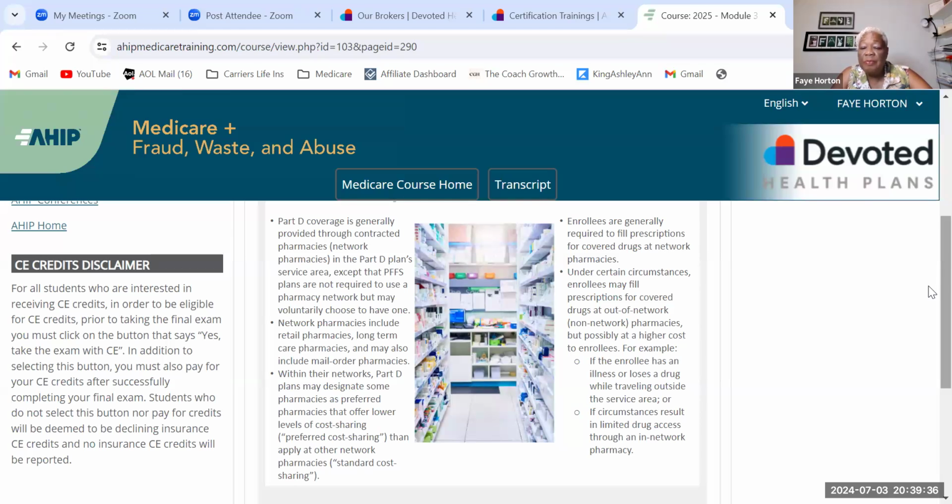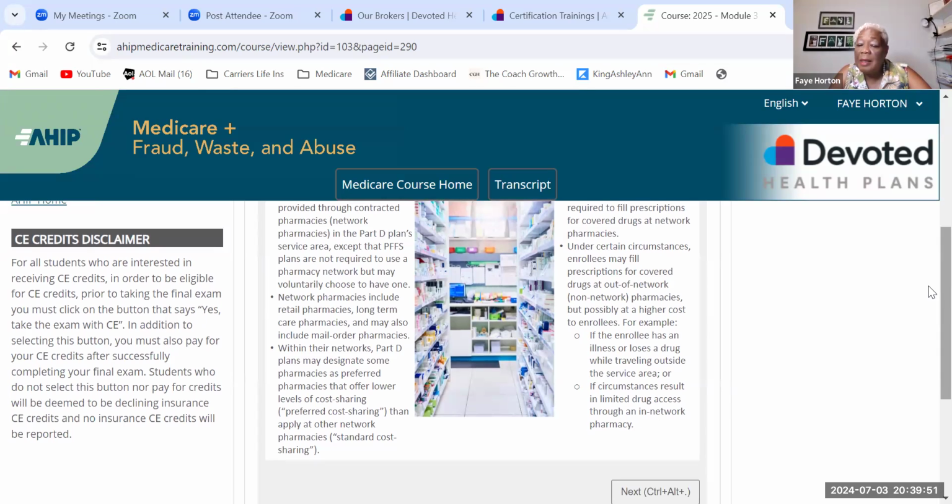For example, if the enrollee has an illness or loses a drug while traveling outside of the service area, or if the circumstances result in limited drug access through an in-network pharmacy. So those are two examples of when prescriptions might be filled at a non-network or out-of-network pharmacy.